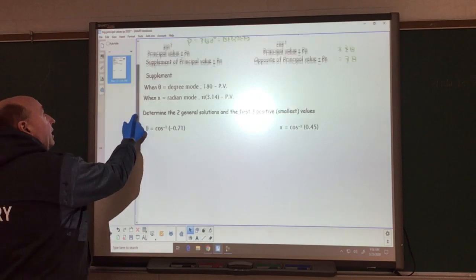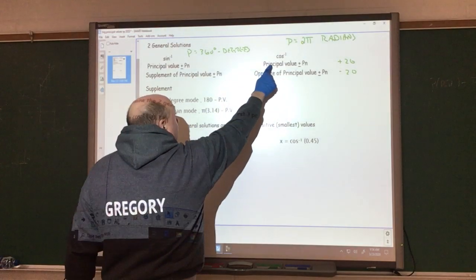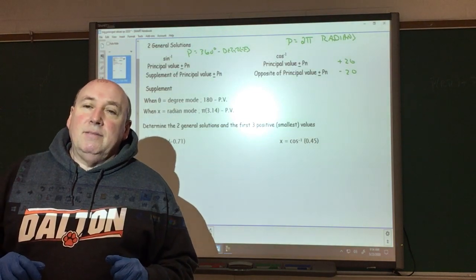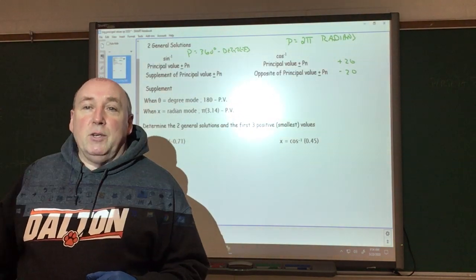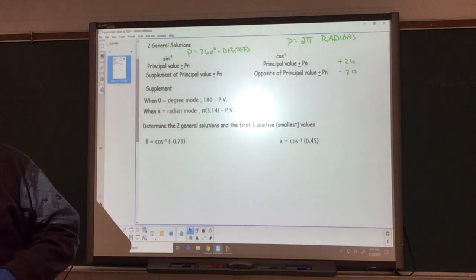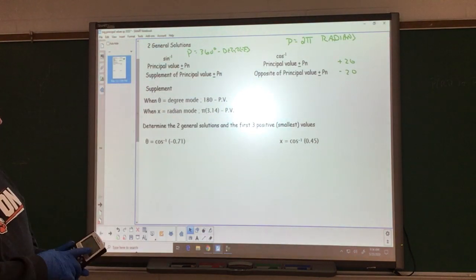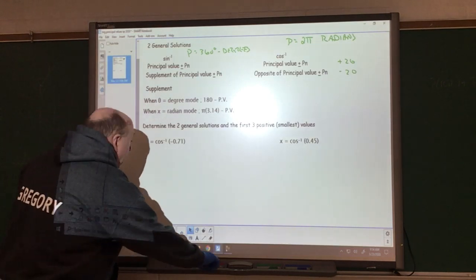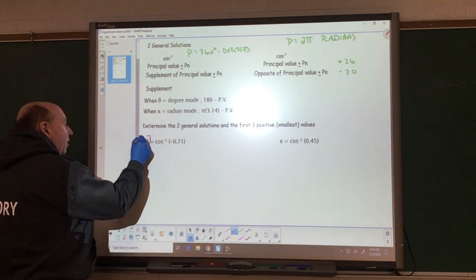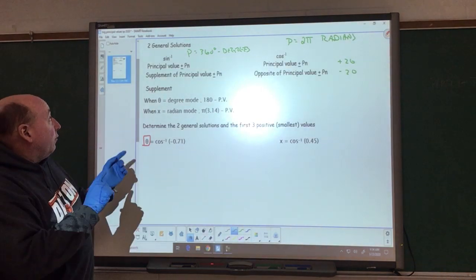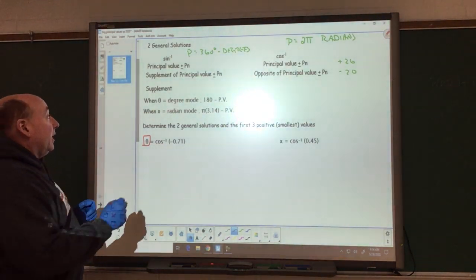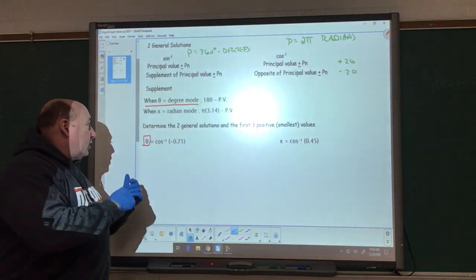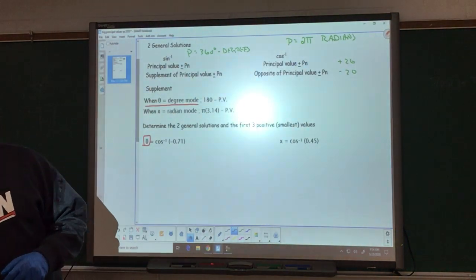I'm dealing with the inverse cosine, so we have a principal value. How do we find the principal value? That's exactly correct, we use our calculator. So we can go through our calculator, inverse cosine. One thing we need to note here is that our variable is theta, so we need to make sure we are in degree mode. Check your mode first.